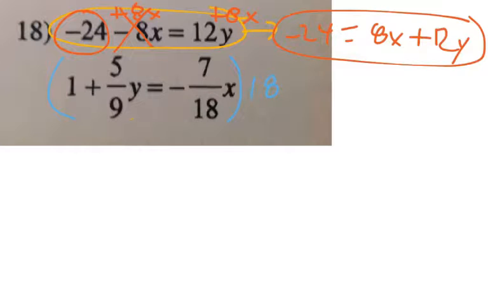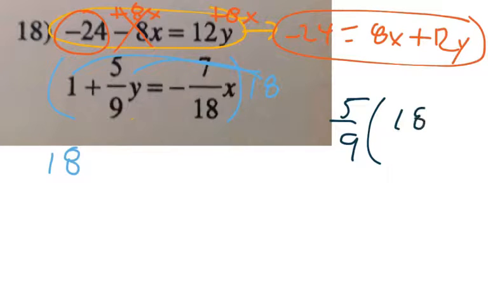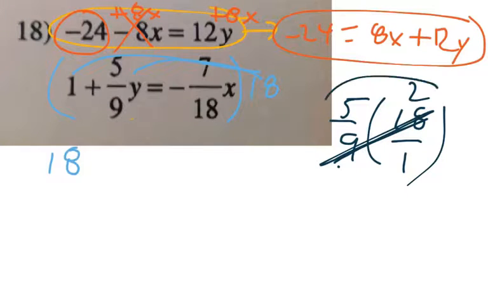Watch what happens here. 18 times 1 is 18. 18 times 5/9. Now I'm going to do a little old school over here. If I have 5/9 times 18, I could put 18 over 1, and hopefully you can see right here, they cancel out to 2. 18 divided by 9 is 2, and 2 times 5 is 10. And of course, all I have is 1 in the denominator.